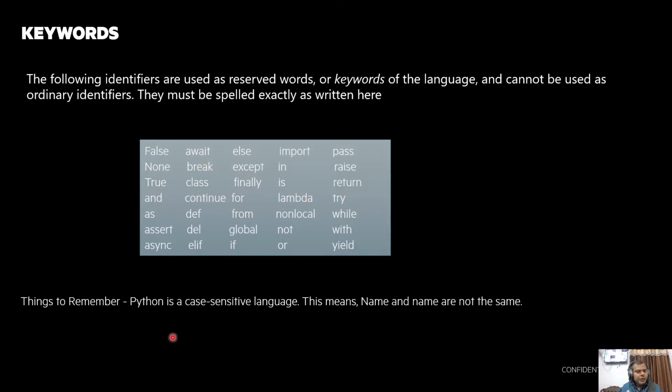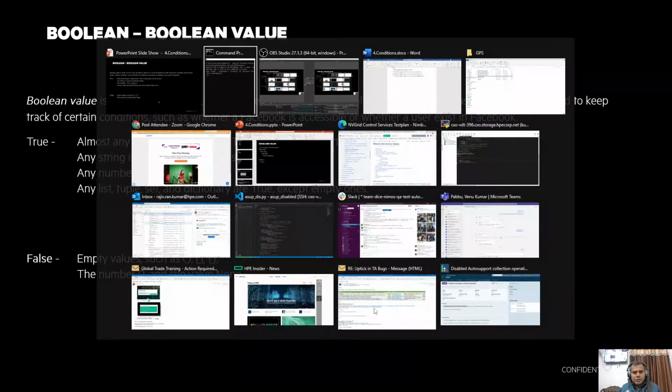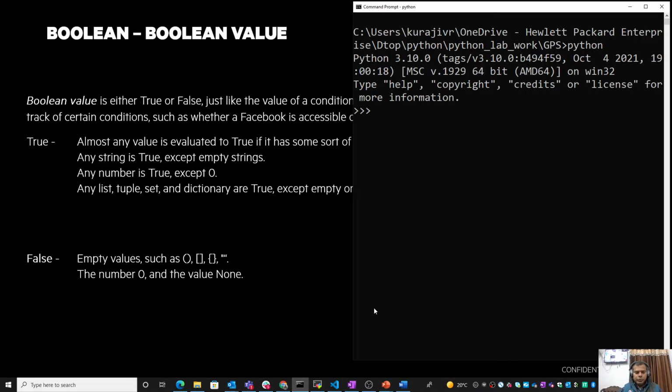Things to remember: Python is a case sensitive language. This means name with a capital N and name in small letters look similar, but these are two different names in Python. Let's take a look at the two variable names side by side.